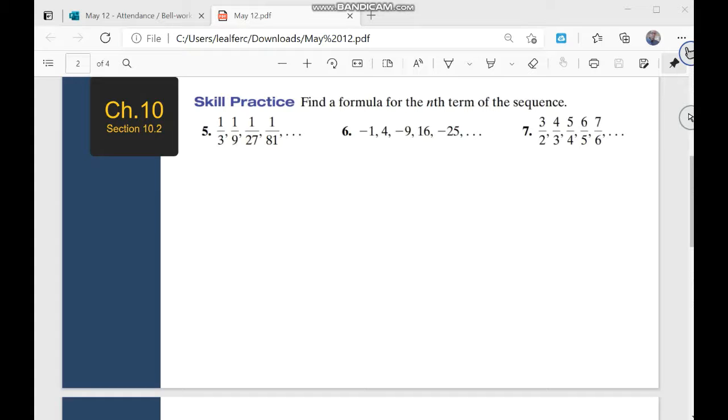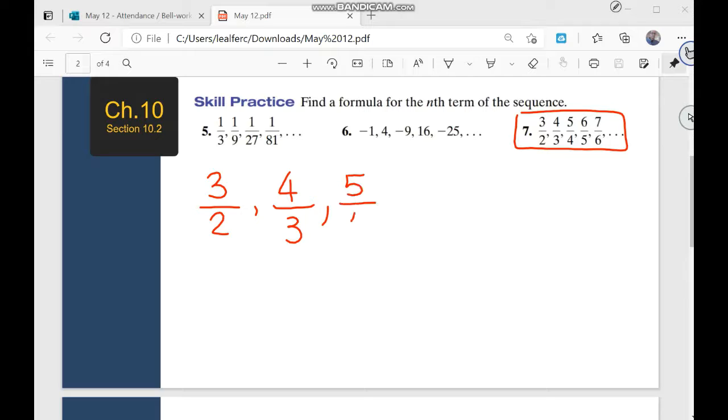Let's analyze the examples. I think the first example is the harder one. Let's work on the last example first, which is not too hard. 3 over 2, then 4 over 3, then 5 over 4, then 6 over 5, then 7 over 6, and this goes on and on. Can you make sense of this sequence?